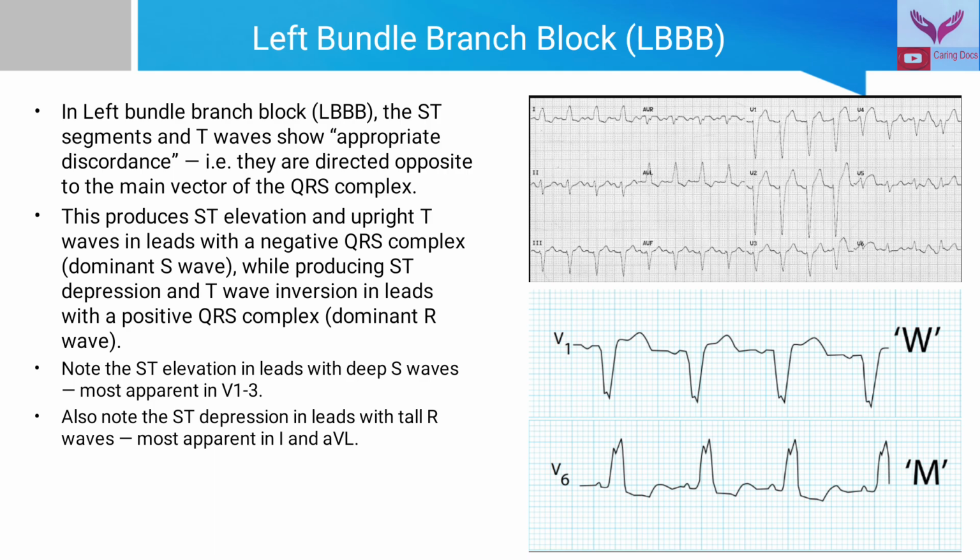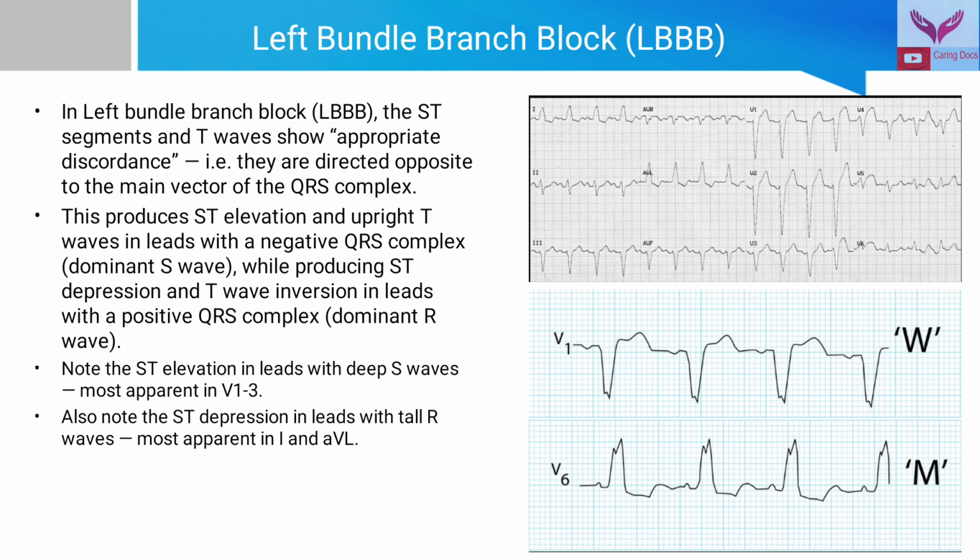In left bundle branch block, the ST segments and the T wave show appropriate discordance, that is, they are directed opposite to the main vector of the QRS complex. This produces ST elevation and upright T waves in leads with negative QRS complexes while producing ST depression and T wave inversion in the leads with positive QRS complexes, that is dominant R waves.